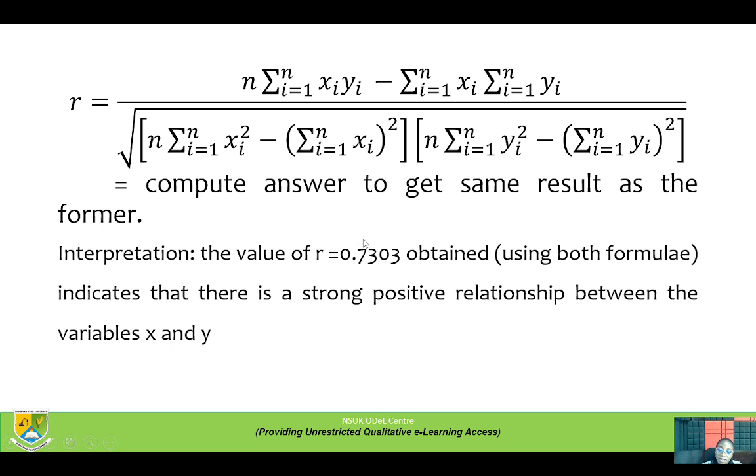You could approximate this to 1, and it is positive, not negative. It's not minus 0.73, it is 0.73. That's a positive r value. And so this indicates that there is a strong positive relationship between variables x and y.